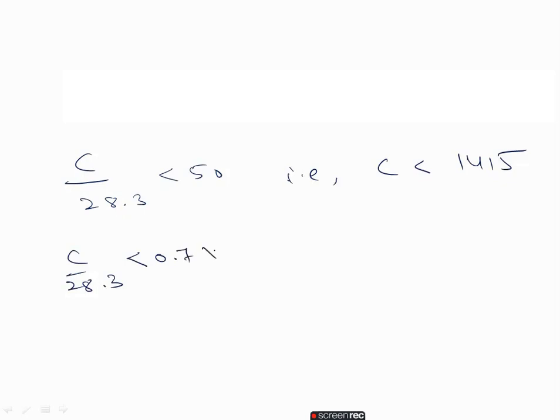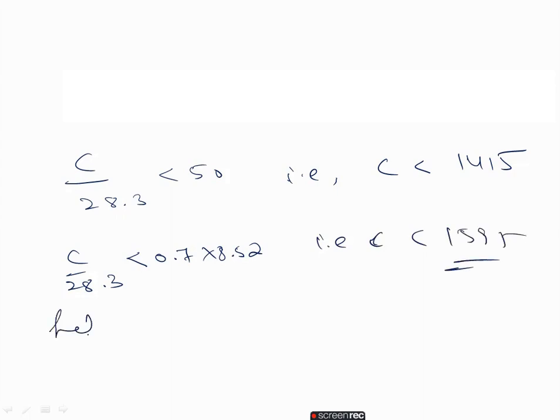Now C by 28.3 is less than 50, that means C is less than 1415. Another condition is C by 28.3 less than 0.7 into 80.52, where KL by R we just calculated. So C is less than 1595.